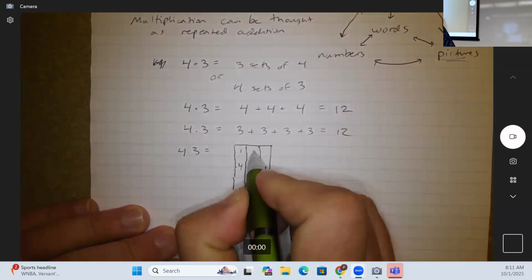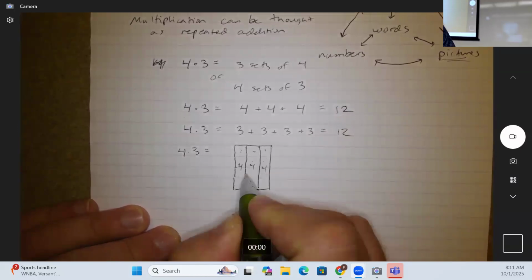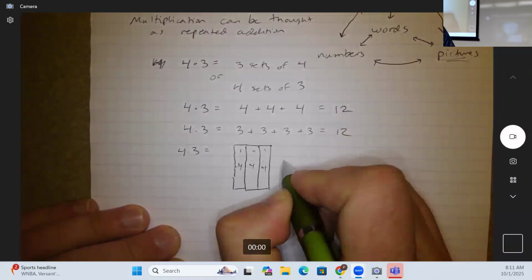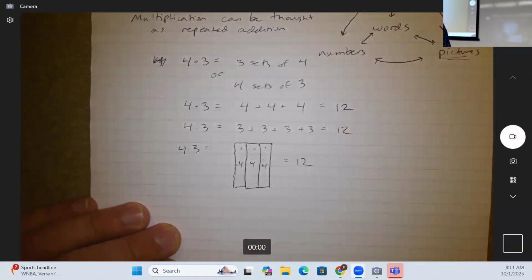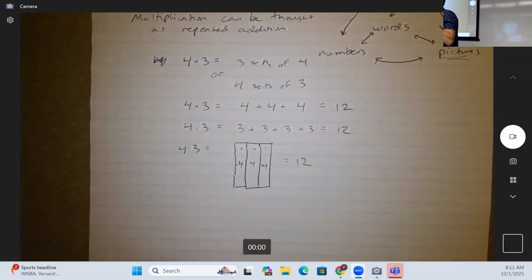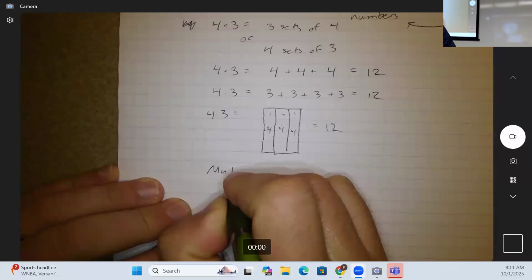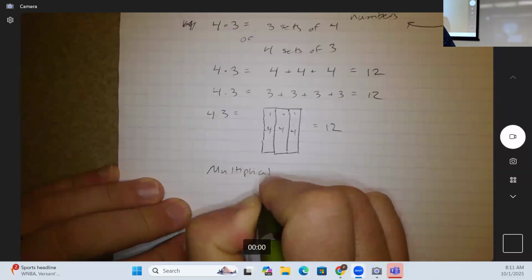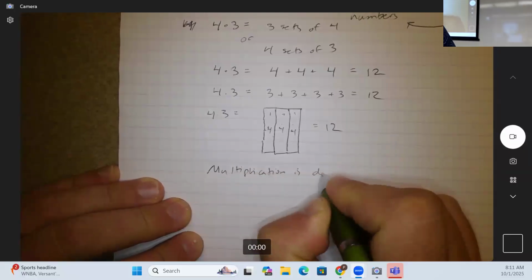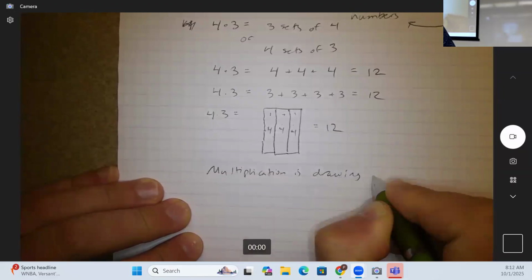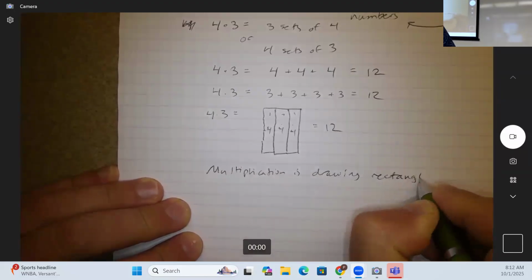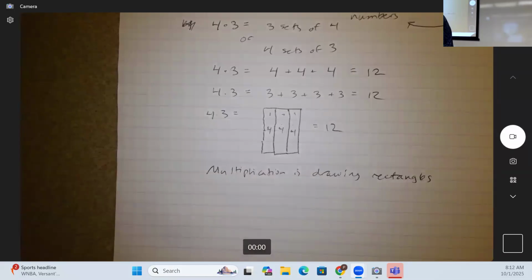And in total, I have 1, 2, 3, 4, 5, 6, 7, 8, 9, 10, 11, 12. So in a very real way, multiplication is drawing rectangles. Especially when we work with whole numbers or integers. When we get to decimals, it changes a little bit.